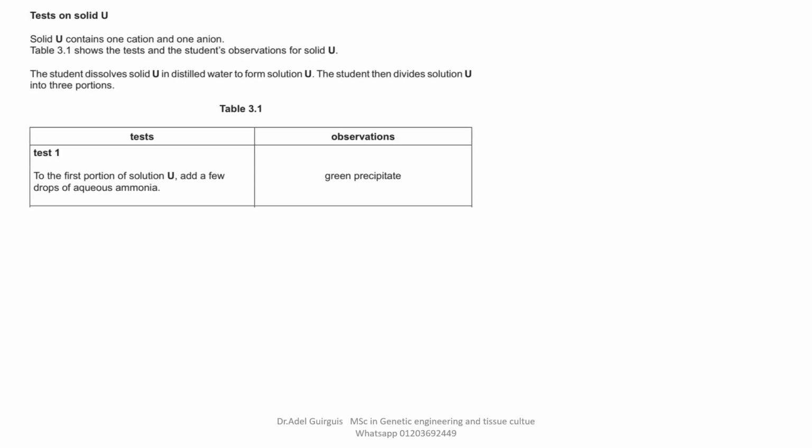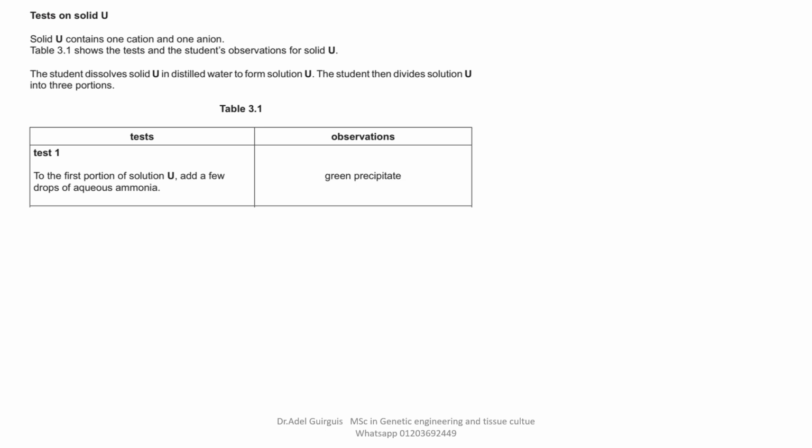Now look, test on solid U. Solid U contains one cation and one anion. Table 3.1 shows the test and the student's observation. The student dissolves solid U in distilled water to form solution U and divides it into 3 portions. For portion 1, the student adds a few drops of aqueous ammonia and a green precipitate is formed.